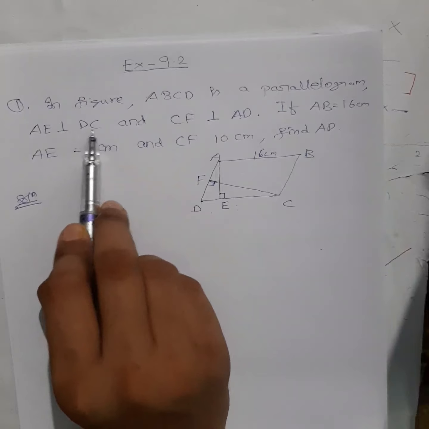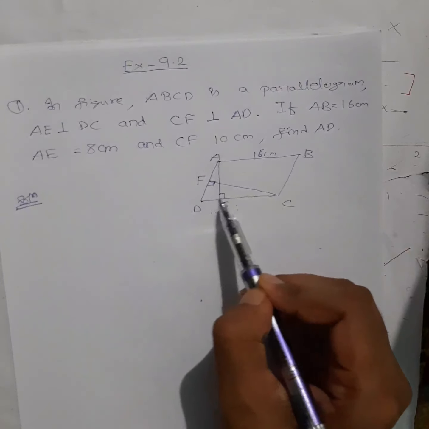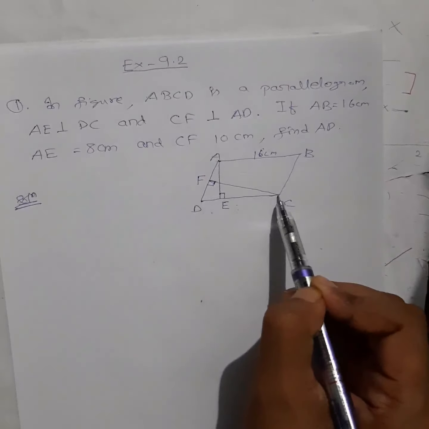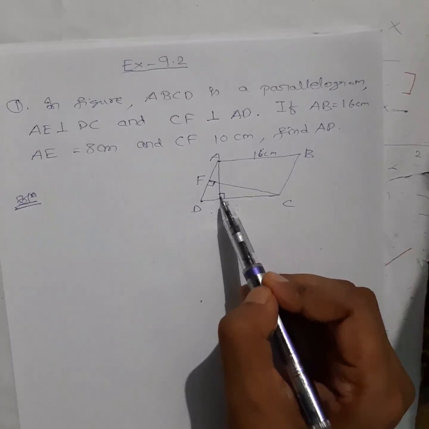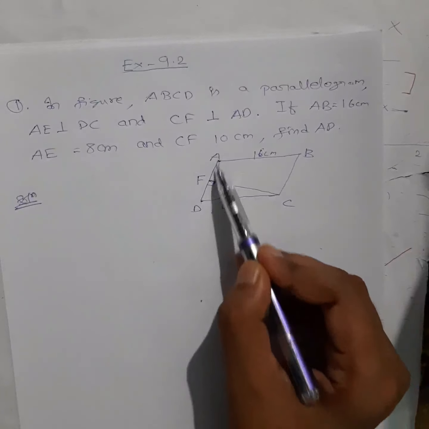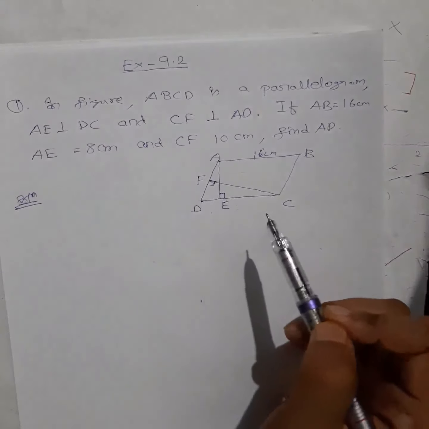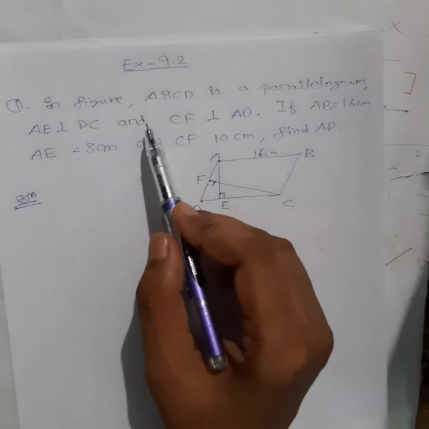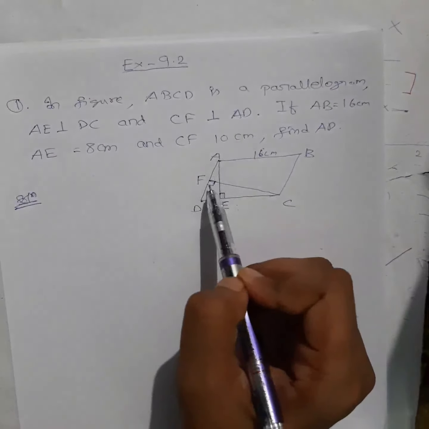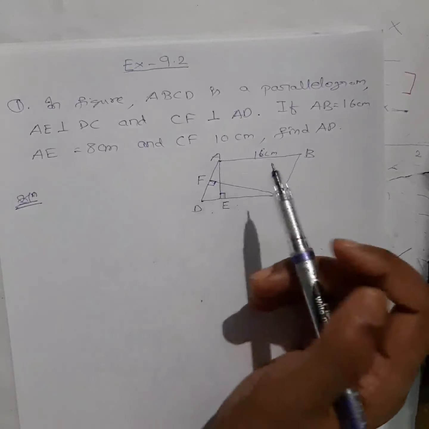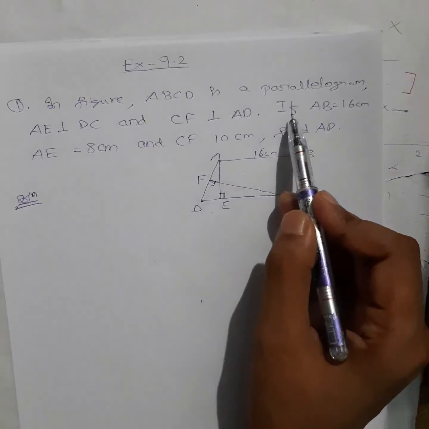AE is perpendicular to DC. So this is your DC and this is perpendicular to it, right? If it is perpendicular, this will be 90 degrees, that's for sure. And CF perpendicular to AD is given. In the diagram itself you can understand that.